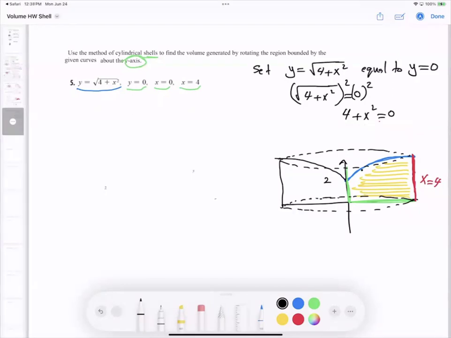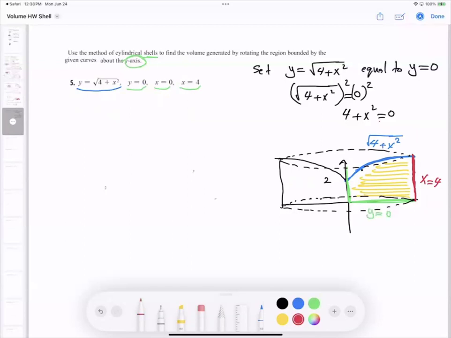In using the shell method, we need to figure out the circumference of the base and the height. Now remember that on top here, you have the square root of 4 plus x squared, and down here you have y equals 0, which is your x-axis.